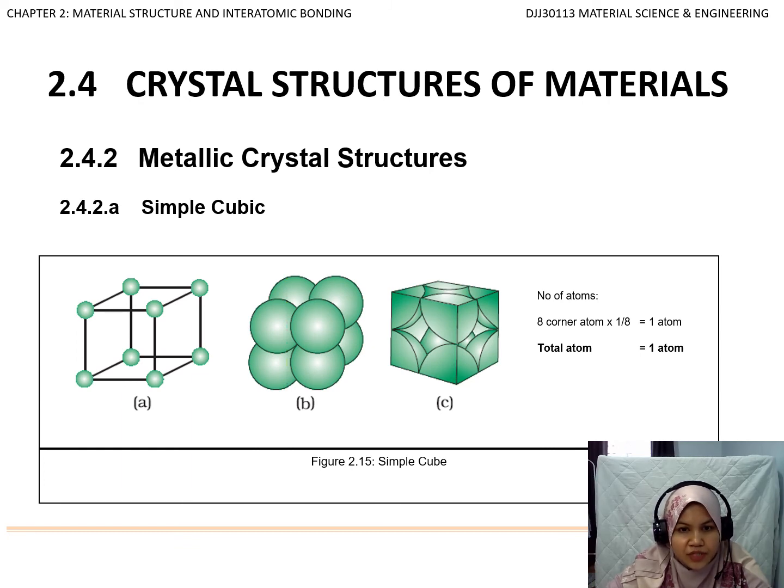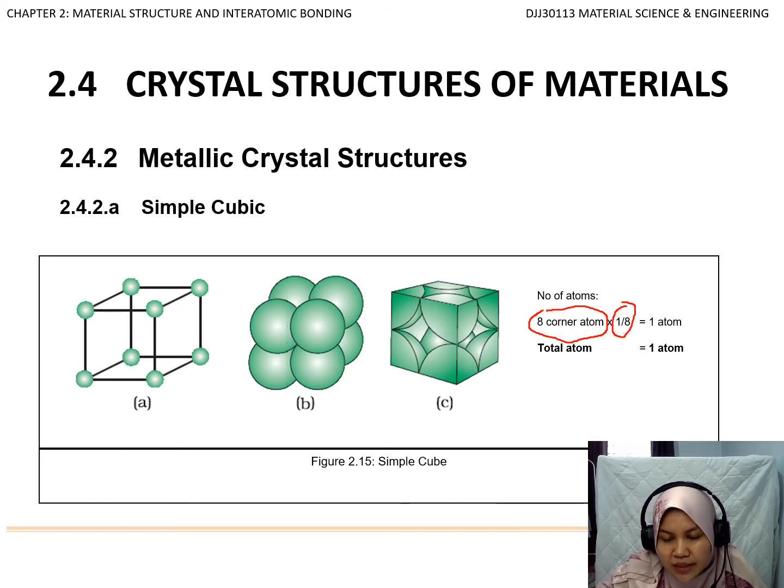Okay, this is the diagram for simple cubic. As you can see, at each corner there is one atom. When we want to calculate the number of atoms, each atom is cut up. For example, we place atoms in a box, at each corner, but actually the value of the atom at each corner is only 1/8. So how do we calculate the number of atoms? 8 corner atoms times 1/8.